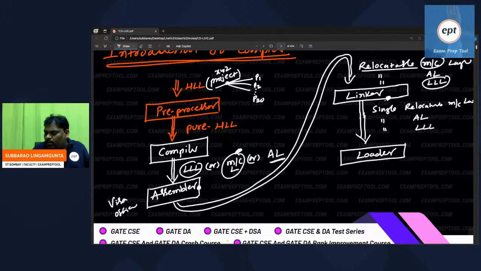Packing is going on. Tomorrow morning 6 o'clock your flight is there. Today night, if my guess is correct, you are doing packing. Now some people are asking, sir, if at all the linker is not there, what is the problem? It is like going without packing.